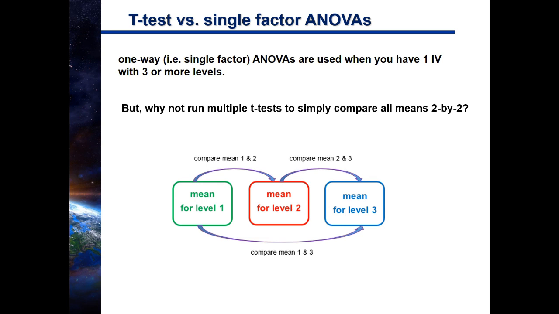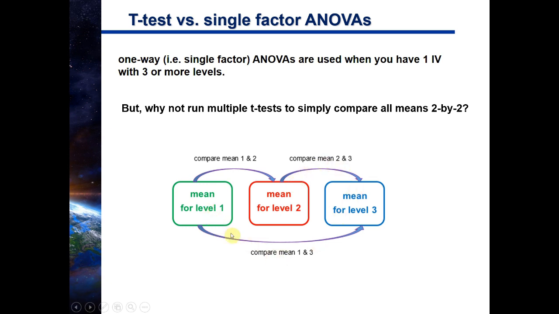So in other words, why can't we do this? Here's your mean for level 1 of your factor, level 2, and level 3. So you have your 3 means. Why can't you just use a t-test to compare mean 1 and 2? And that t-test would tell you if these 2 means are different. And then run another t-test to see if these 2 means are different.